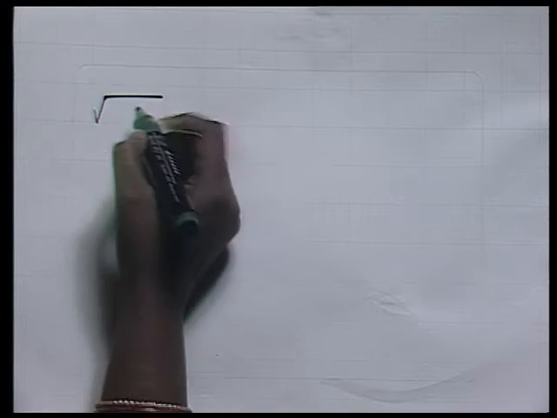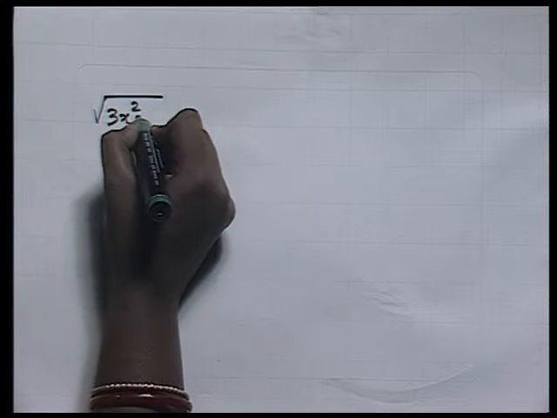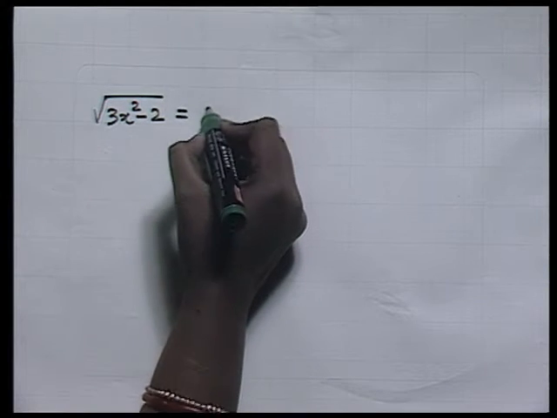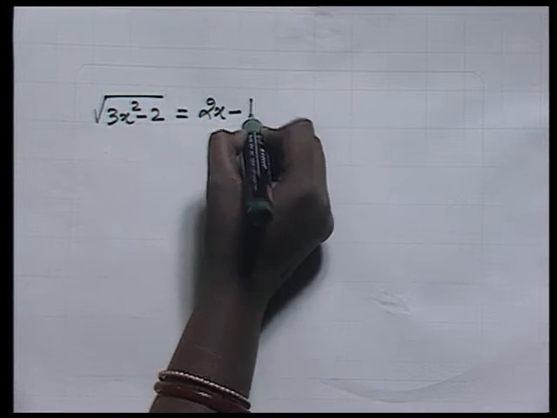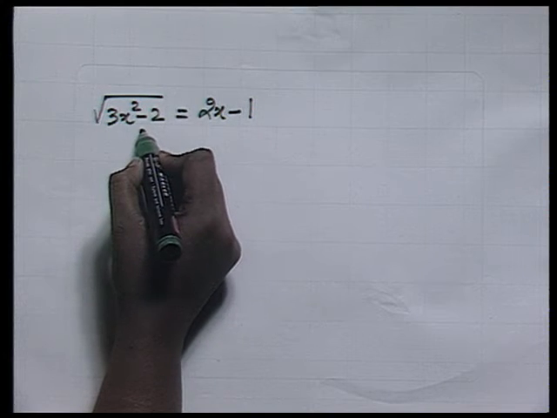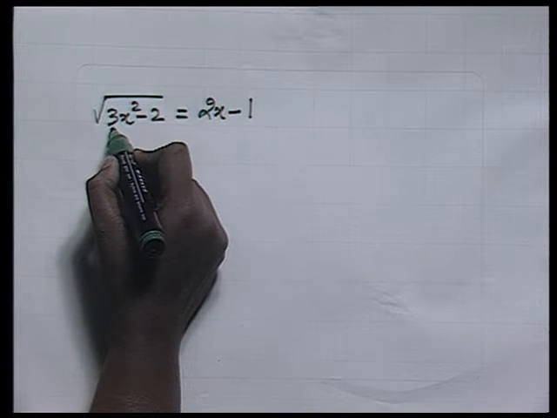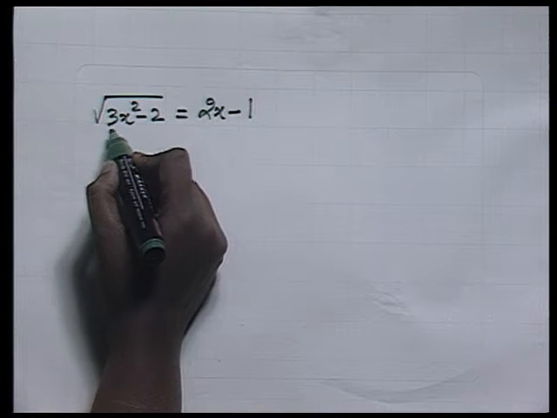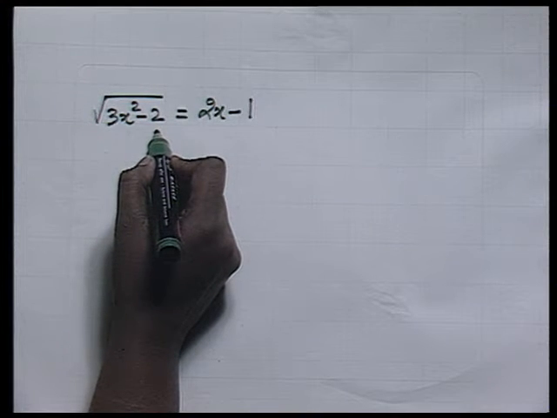Look at the equation under root 3x square minus 2 is equal to 2x minus 1. Now look at this equation carefully. The left hand side of this equation is the positive square root of 3x square minus 2.